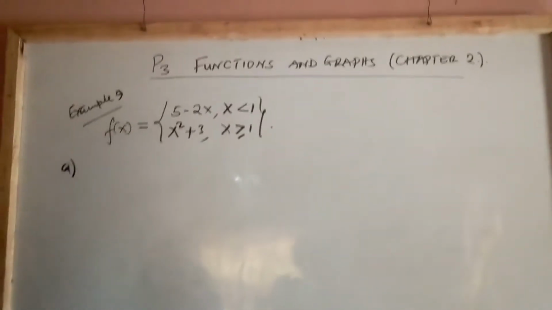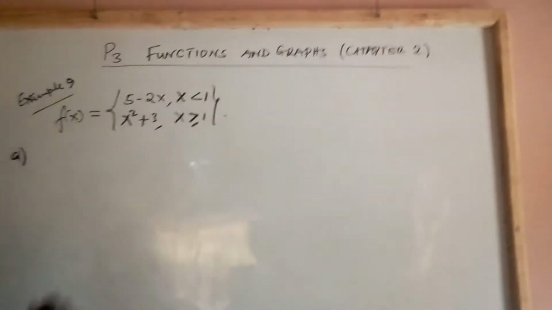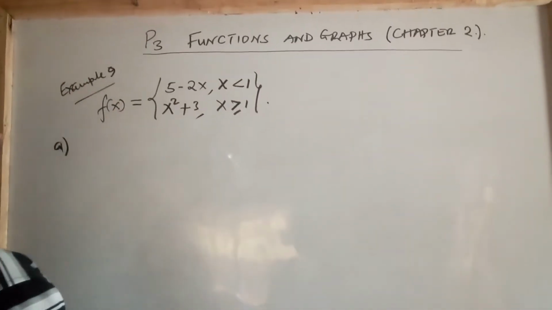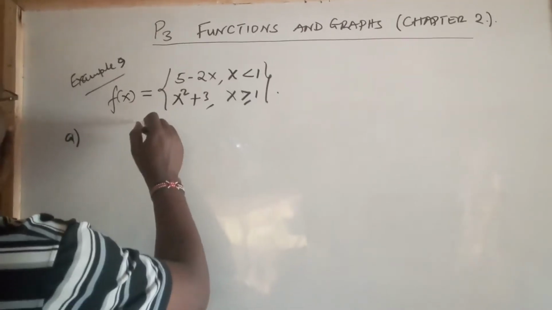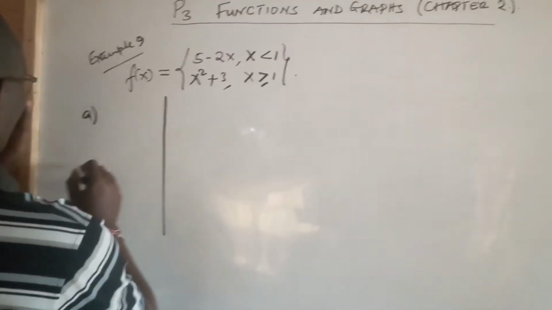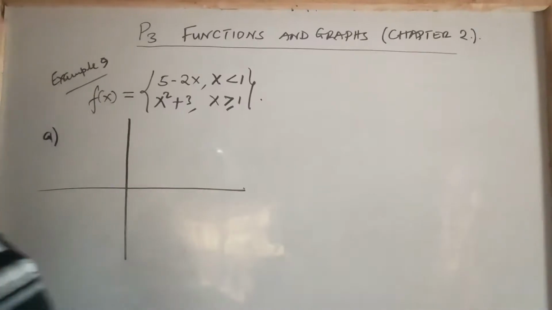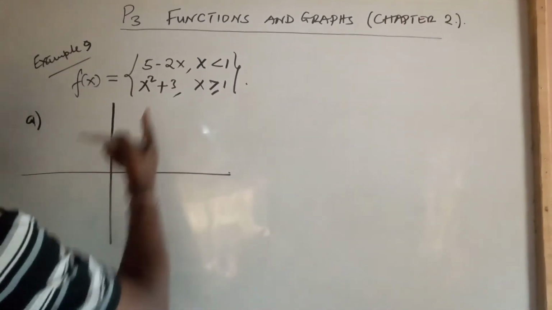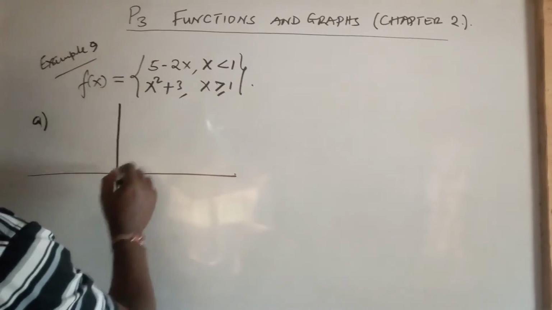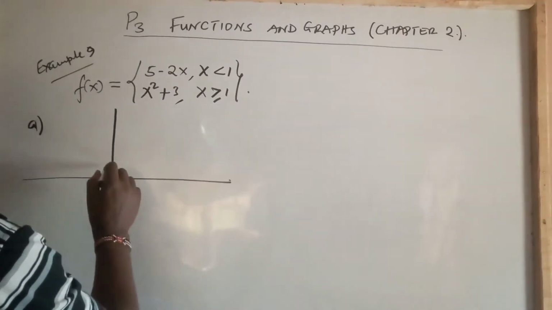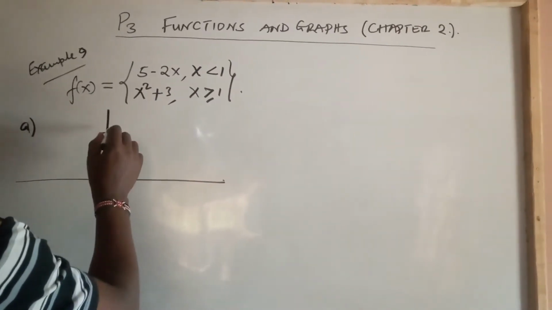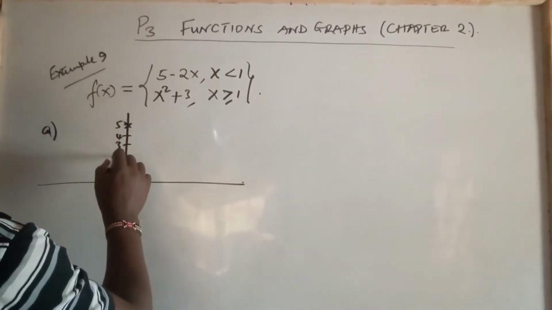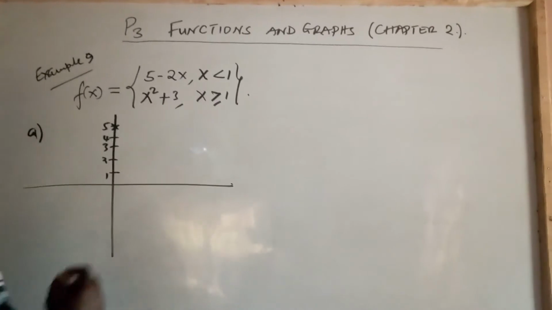Sketching this one, we need to sketch it in the same set of axes. Let's plot the first one, 5 minus 2x. When x is 0, y is equal to 5.